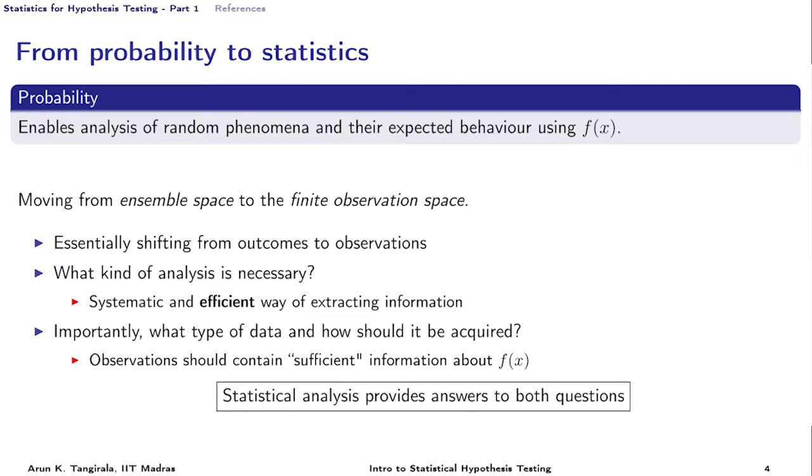So, the bottom line is that statistical analysis not only gives us methods to analyze data, but also tells us how we should collect data and whether the data is informative, because the quality of analysis depends on the data. So, any analyst should be worried about the quality and the information content in the data.